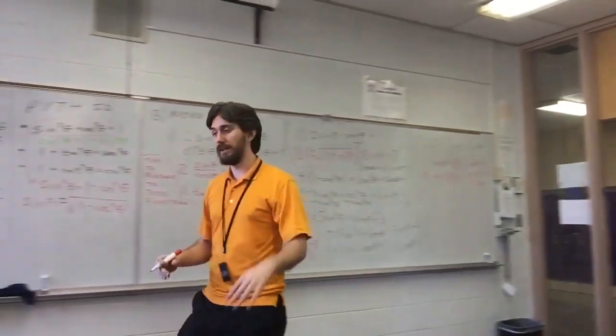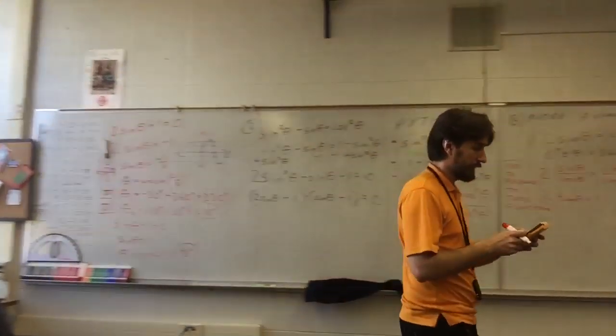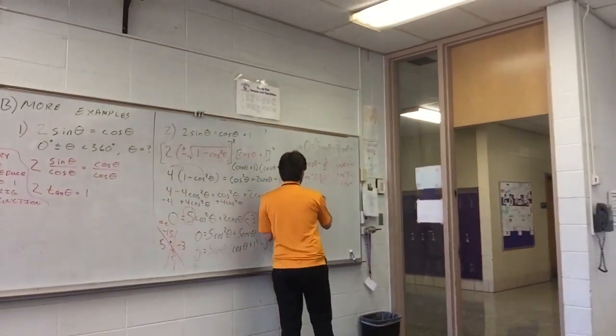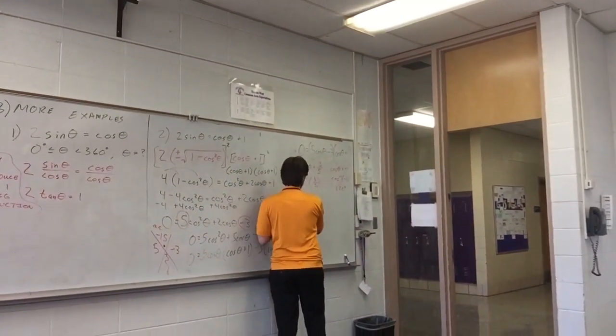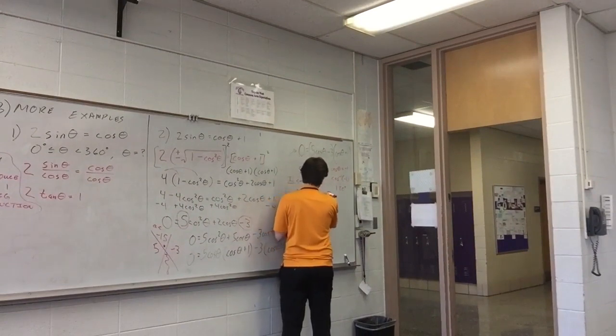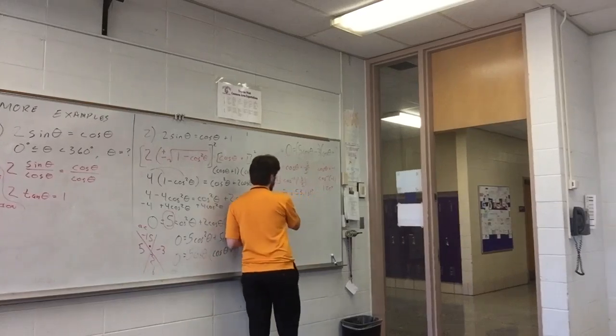Quadrant 4. So cosine inverse of 3/5 is our first answer, 53.130 degrees. That's in quadrant 1.